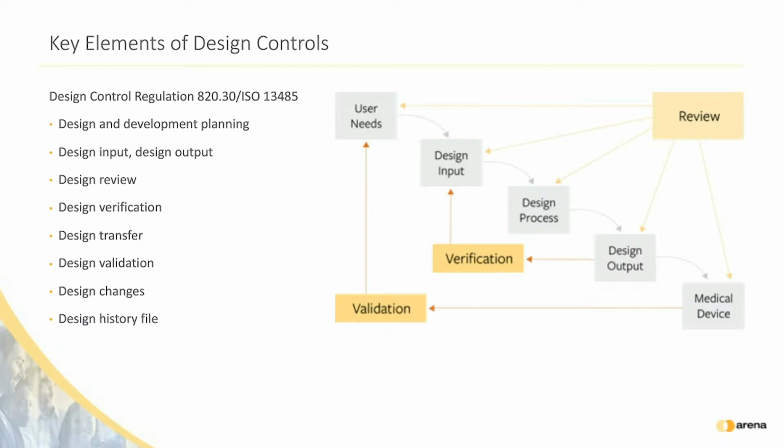You update the plan document as your plans evolve. Design input comes from users, patients and physicians, as well as other stakeholders. The design process results in design output, documentation that describes the product. Design reviews are throughout design development to check the design results and to identify issues.